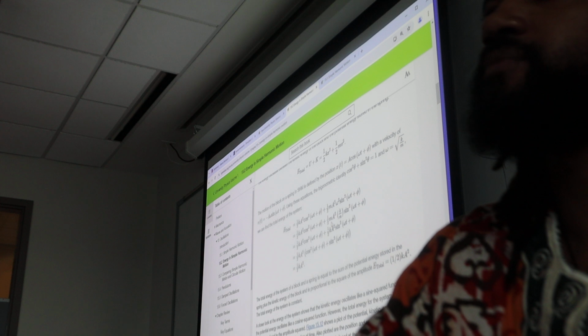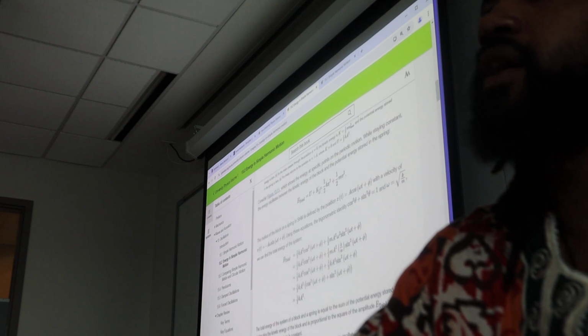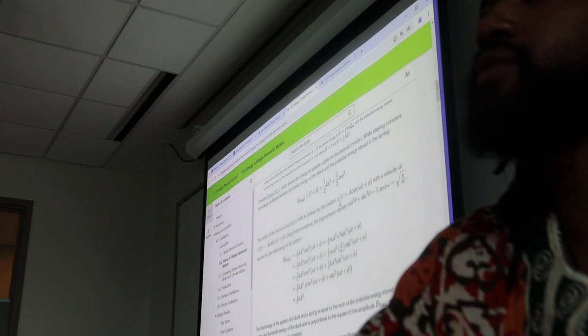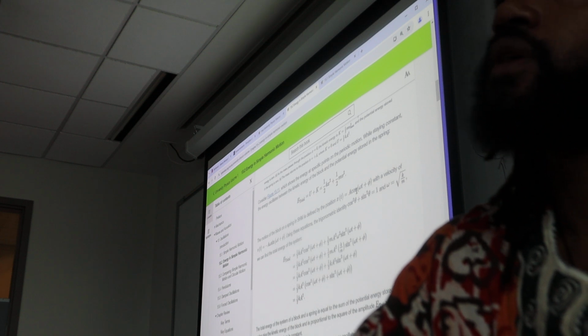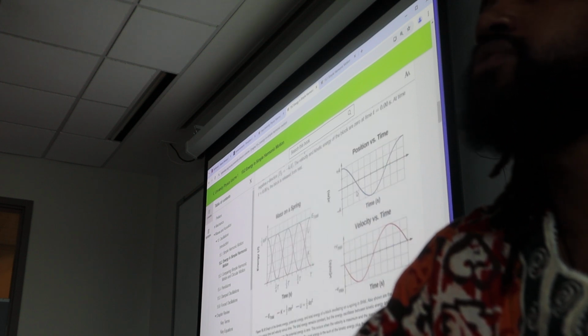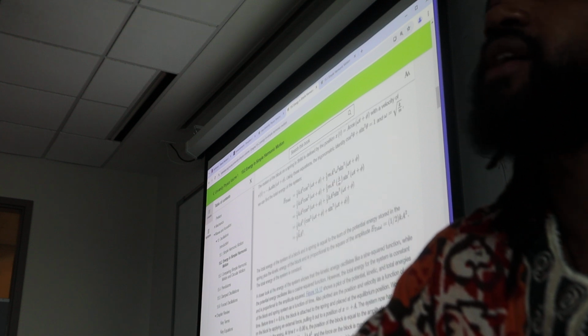This is just saying the same thing, just breaking it down. We're about to get to 1/2 ka squared.